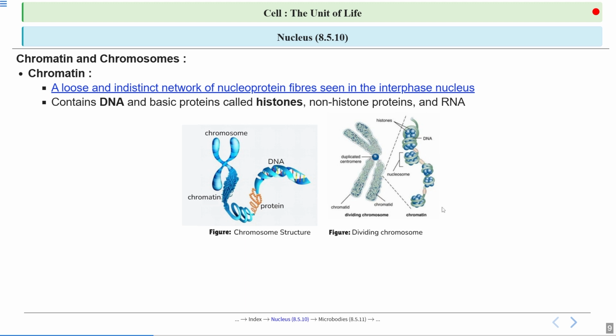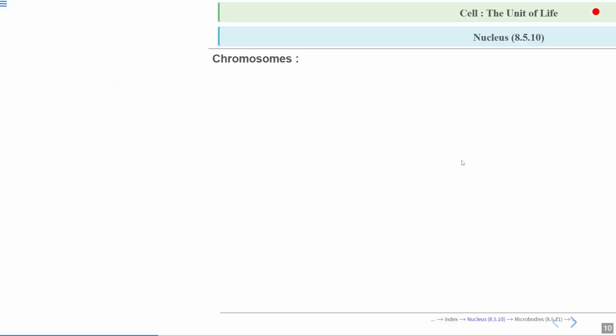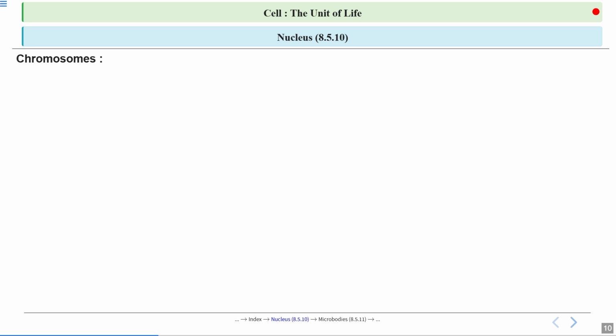This packaging of DNA is different in prokaryotic cell. Let's talk about the chromosomes now. During cell division, chromatin condenses to form structural chromosomes. First you have nucleosomes.